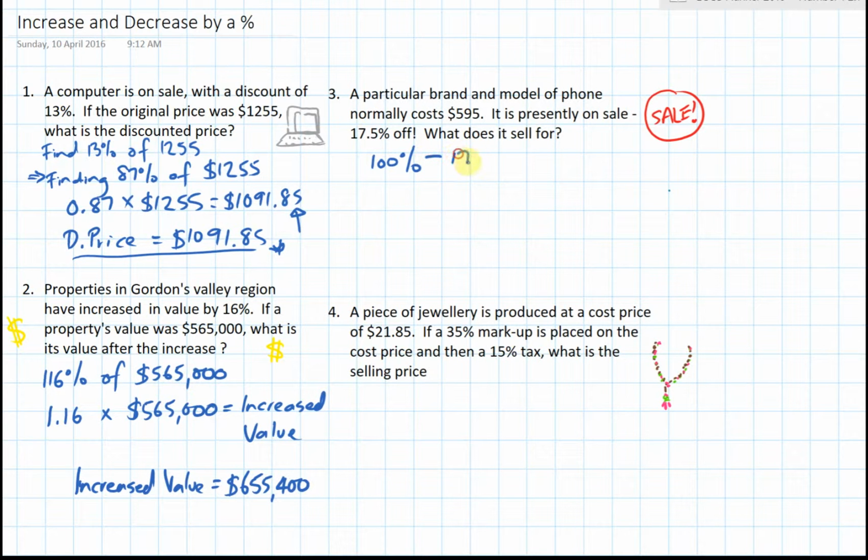So we're going to subtract 17.5% from 100%, and that gives us 82.5%. So we're finding 82.5% of the original cost. So 82.5% as a decimal is 0.825 times 595, and that will give us the selling price.